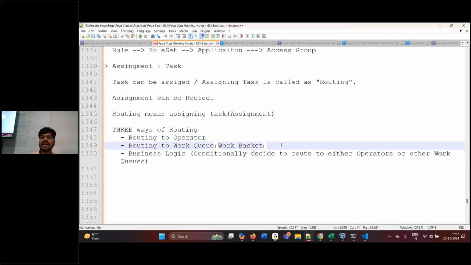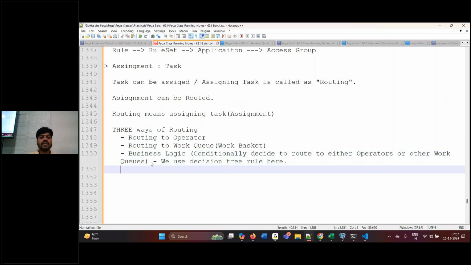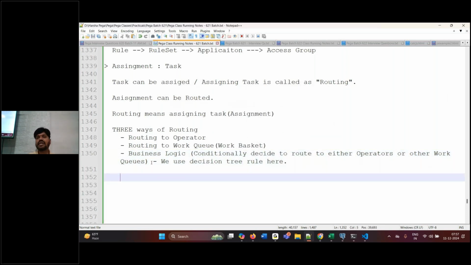Here I will say route to work basket 1, done. Here I will not say which one; I will write conditions. If the first condition is satisfied, route to manager 1. If not, and the second is satisfied, route to manager 2. If that is also not satisfied and the third is satisfied, route to work queue 1. I can decide this at runtime by using a decision tree. This is the basic information about routing.